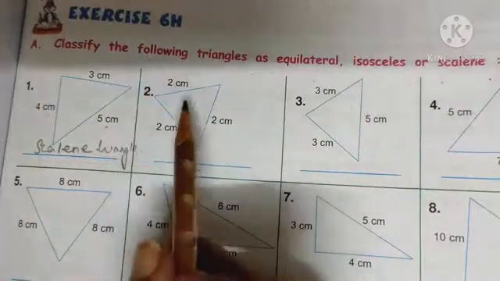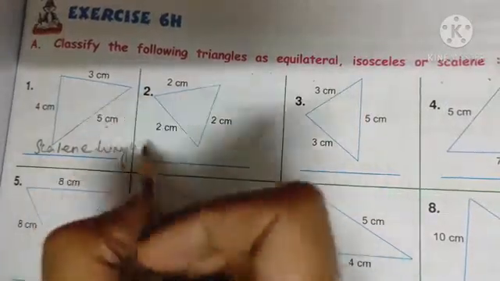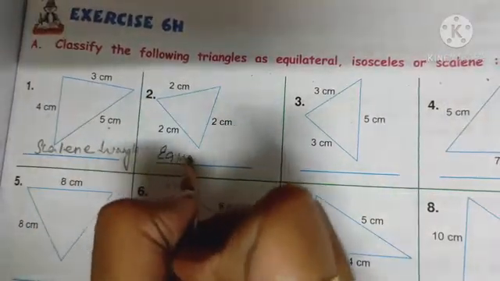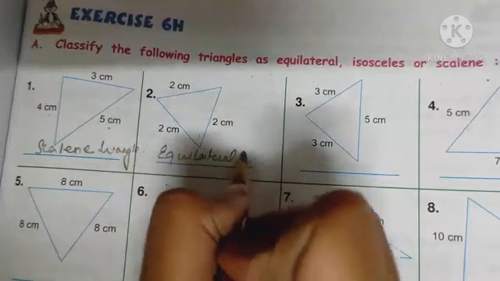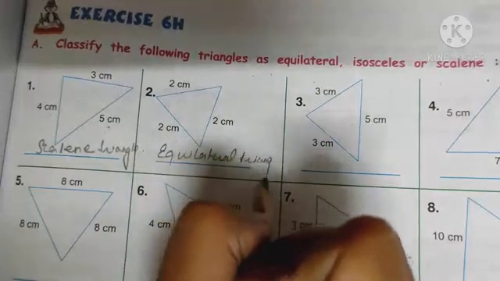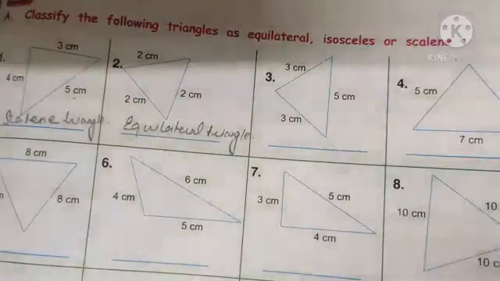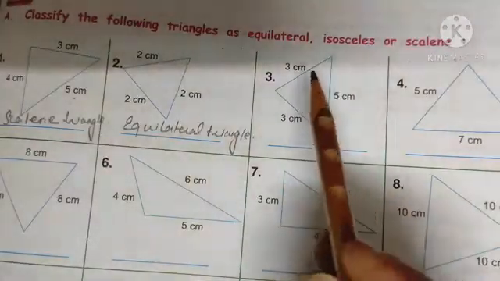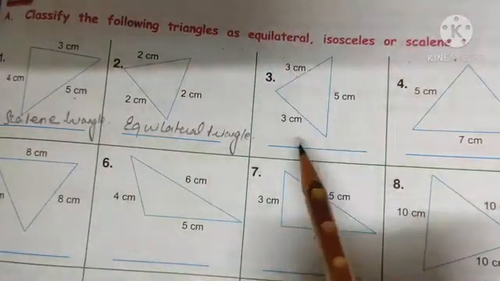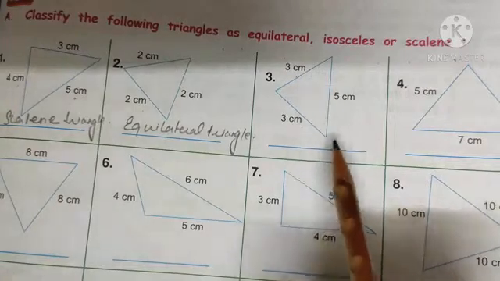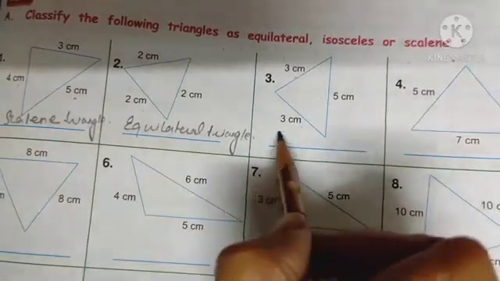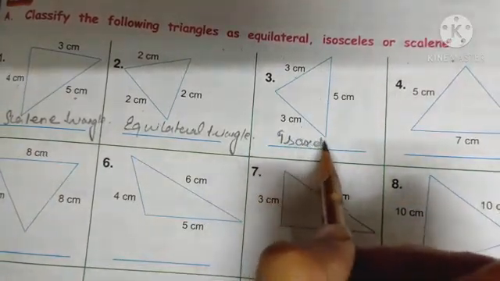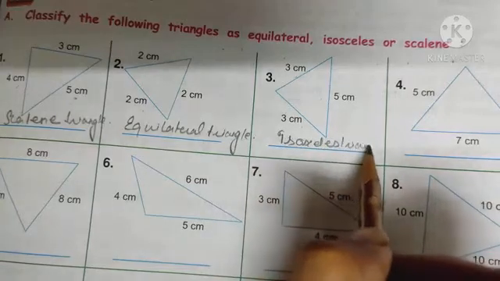Now number 2, all sides are equal, so it is an equilateral triangle. Now number 3 here, two sides are equal, 3 centimeter and 3 centimeter. So this is an isosceles triangle.